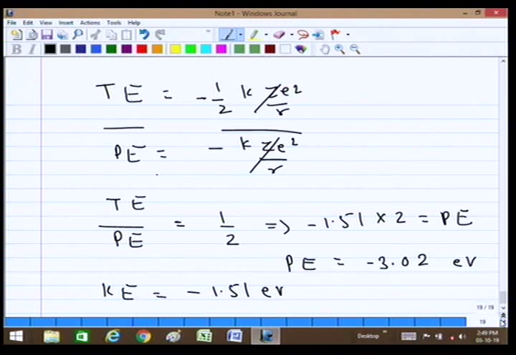And what will be the value of n? Kinetic energy is plus 1.51. What will be the value of n? Have you calculated the n?